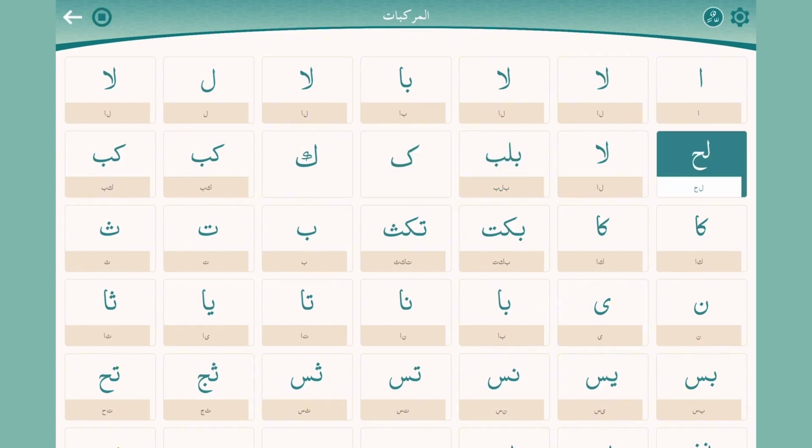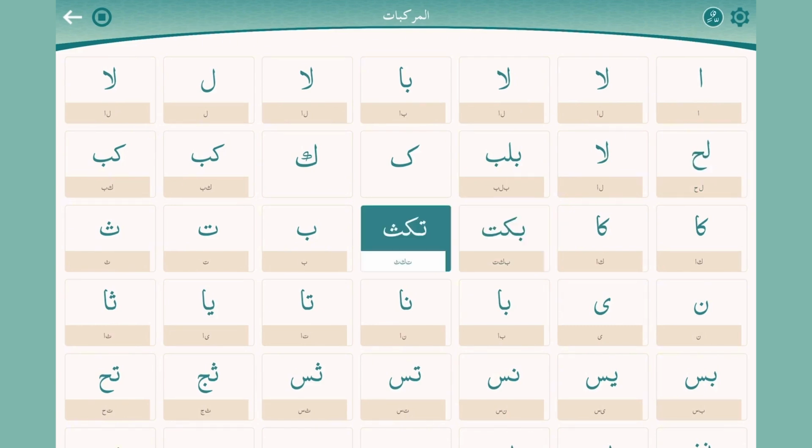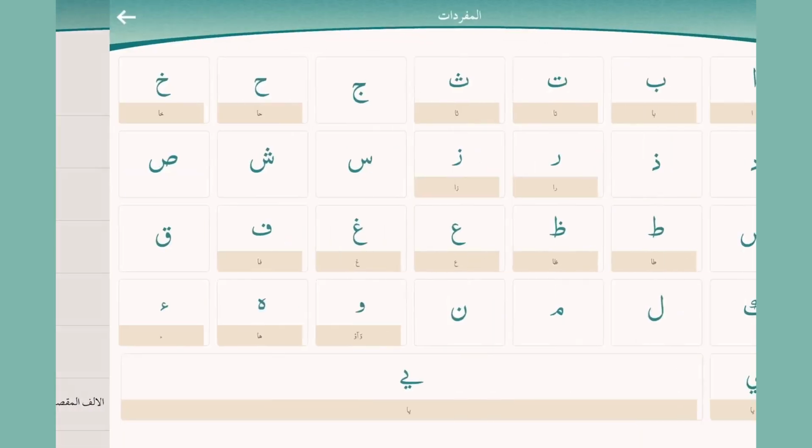Kaf, Lam, Ha, Ba, Kaf, Ta, Ta, Kaf, Tha. Now you can recognize one thing, that when they join together, like in Kaf, Ta, Tha, they're not exactly the same as what we did in lesson 1.